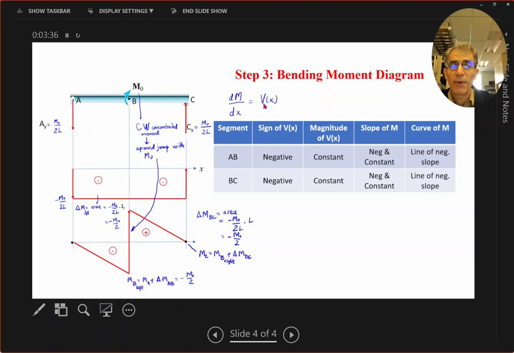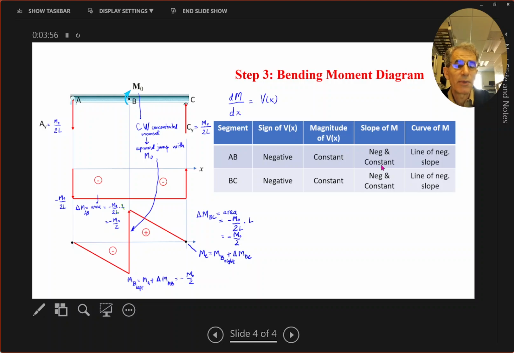So basically for that segment, we see that the sign of the shear is negative, and the magnitude of the shear, pardon me, is constant. So we are supposed to have a slope that is negative and constant for the bending moment.